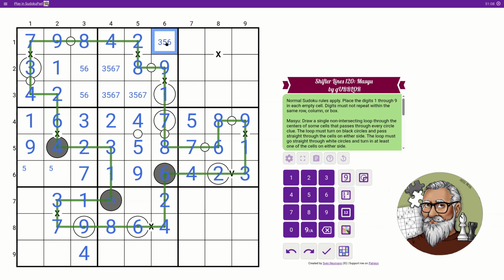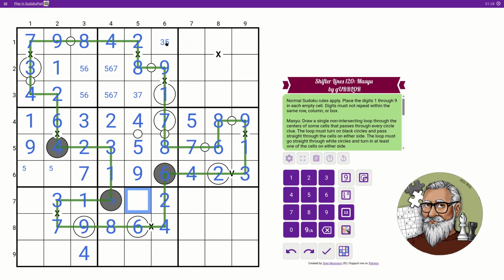That's not a 7 or a 6. That's not a 3. That's it. That's not a 5, and that's not a 3 either. Oh, that's not a 6 either.